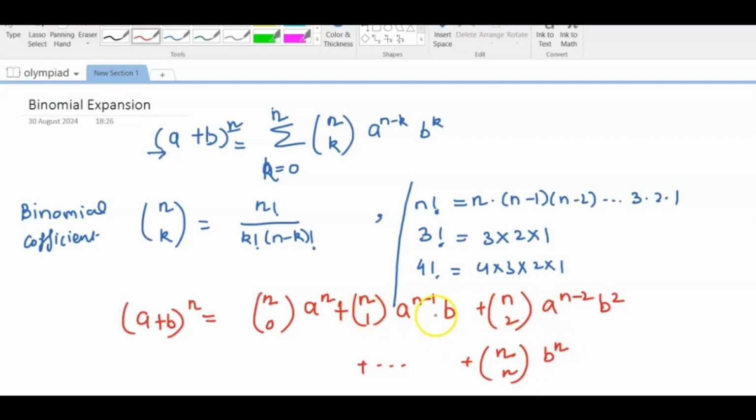The sum of the powers of a and b is always n. So here it's actually b to the power 0, then n minus 1 plus 1, and n minus 2 plus 2.